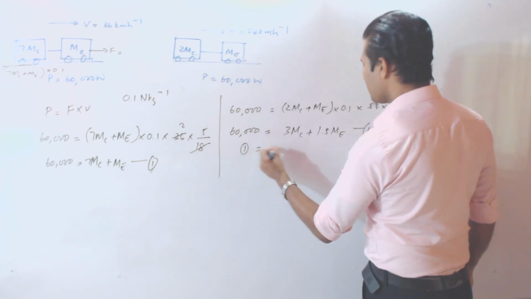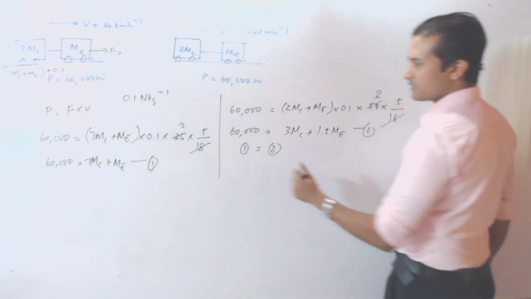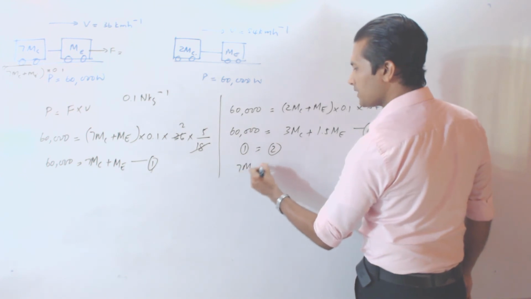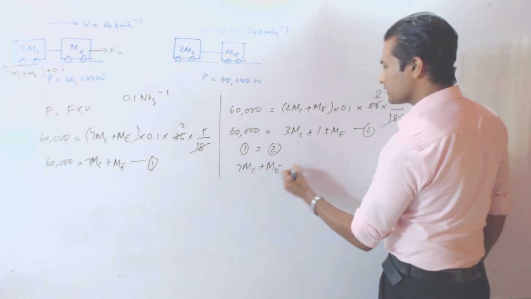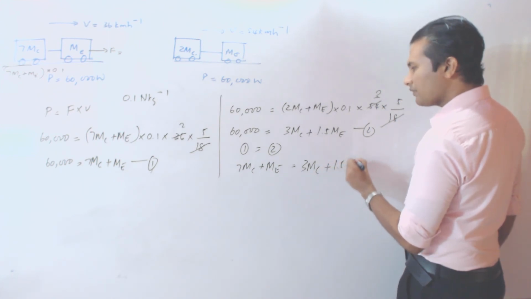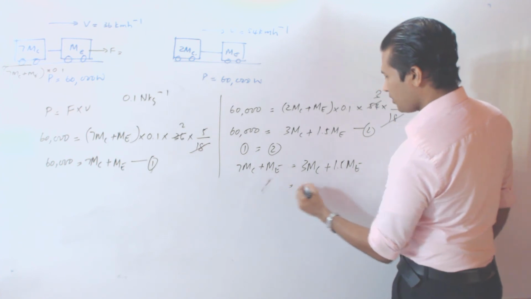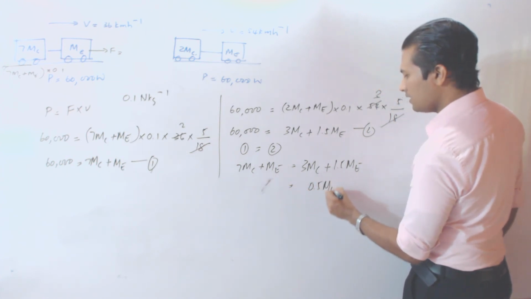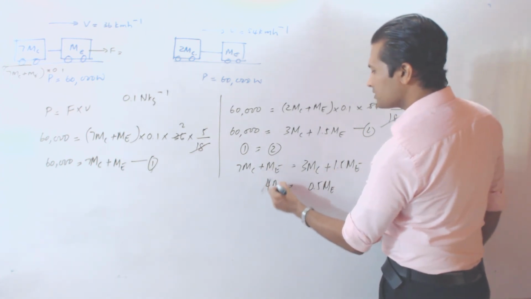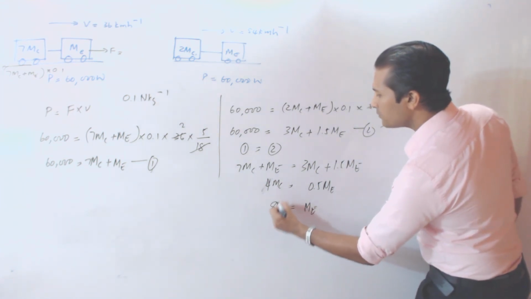First of all, we can equate the first and second: 7 mc plus me equals 3 mc plus 1.5 me. So this is 0.5 me equals 4 mc, which means me equals 8 mc.